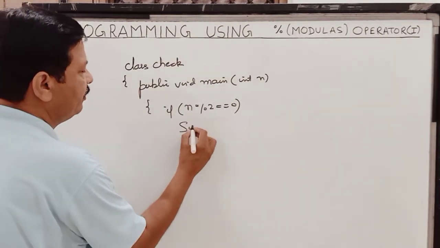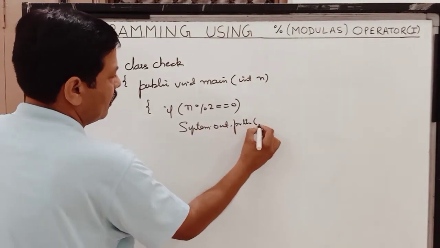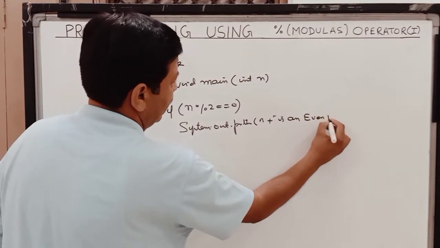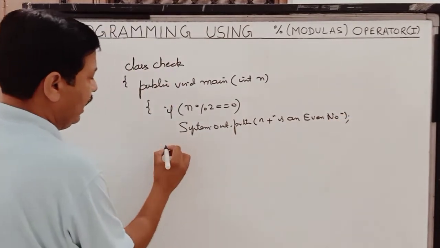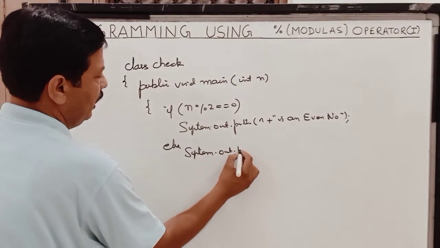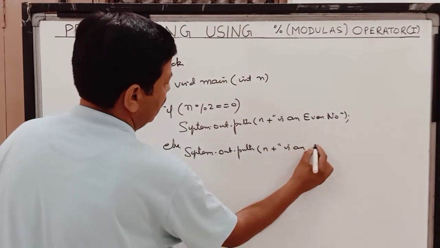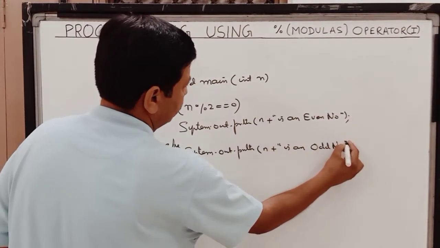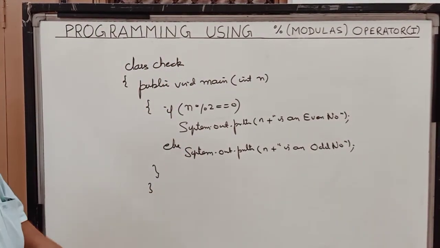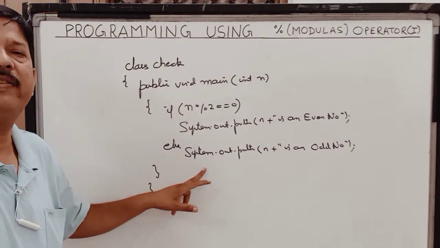So we'll print n is an even number, and else, if it will not be an even number, we'll say that n is an odd number. So children, I hope you have followed this program. If my number is divisible by 2, I say it is an even number, and if it is not divisible by 2, I say it is an odd number.